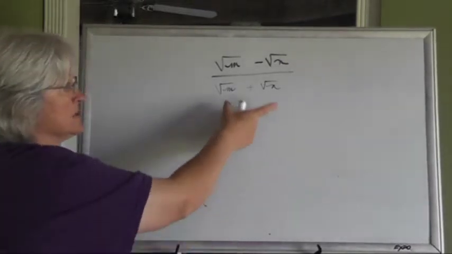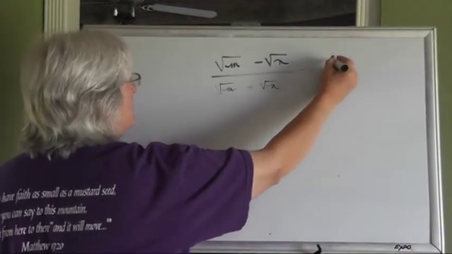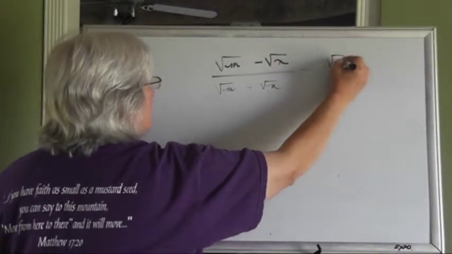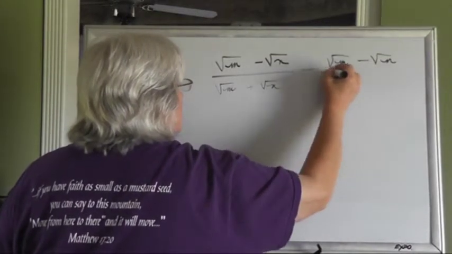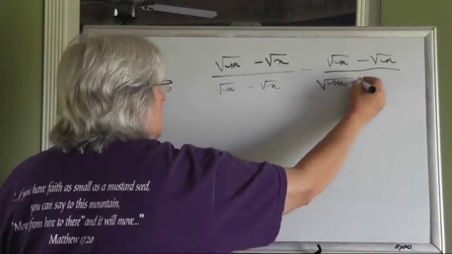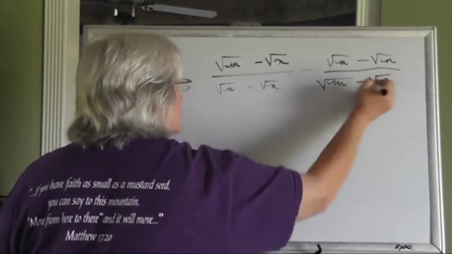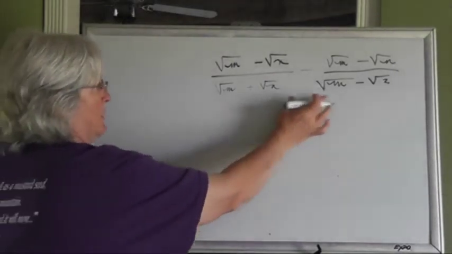The conjugate is the same expression, different sign. So we're going to multiply by the square root of m minus the square root of n divided by the square root of m minus the square root of n. And the reason that we do that is because we have to multiply by the conjugate.